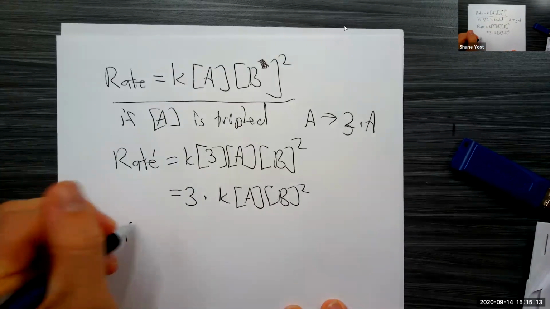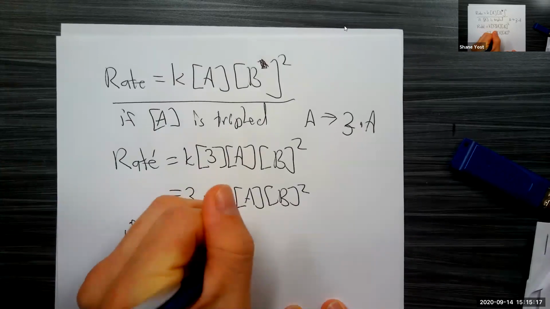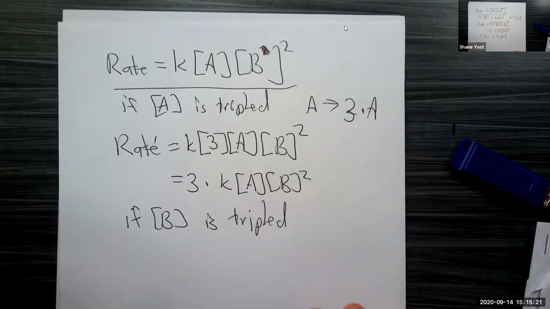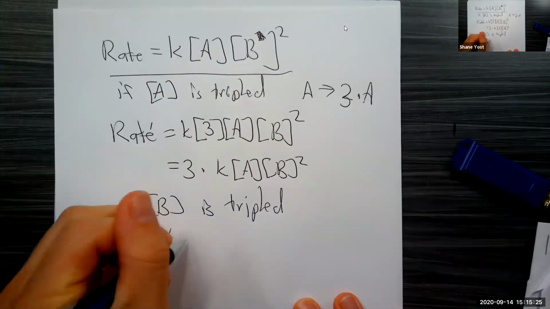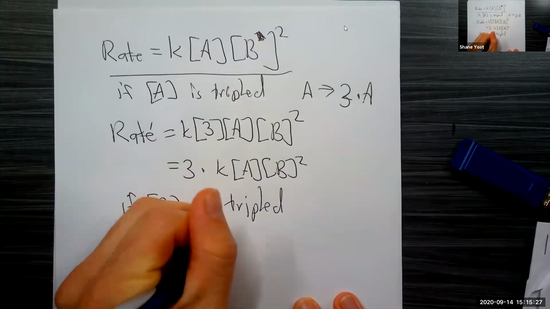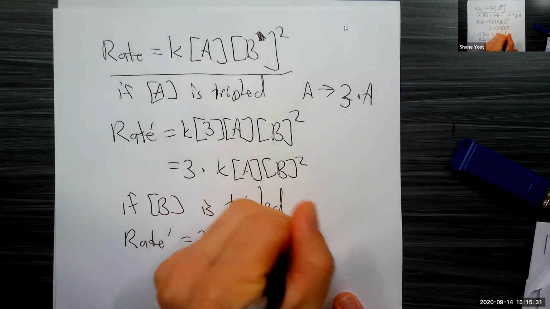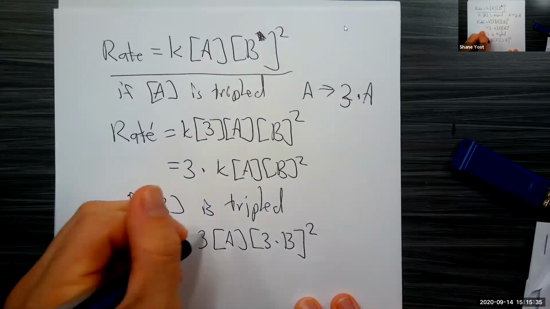And now if B is tripled, that means my rate here is k times 3 times the concentration of A times 3 times B squared. Oh, that's a k. Sorry about that.